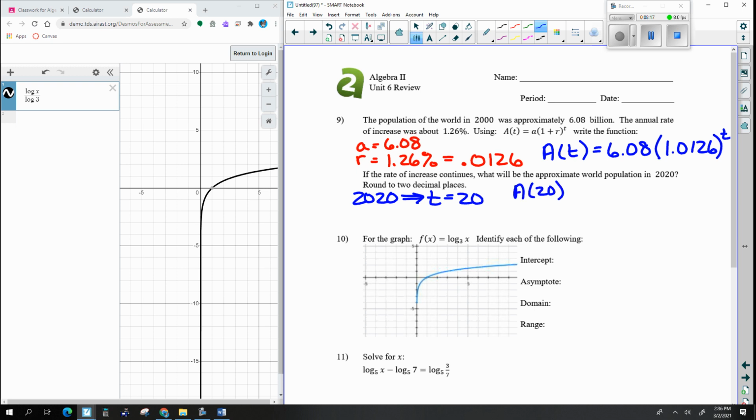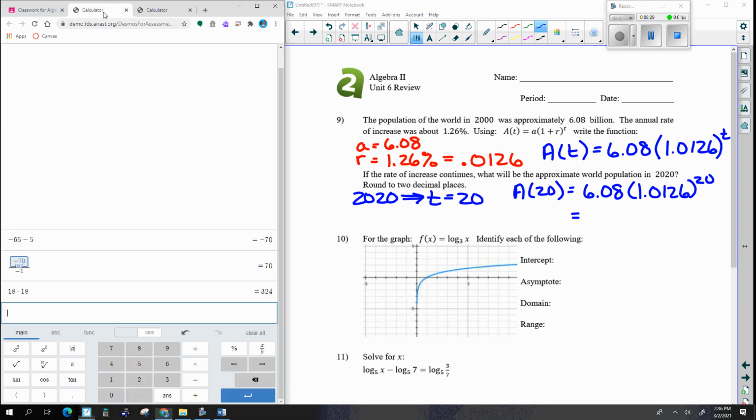So the amount when T is equal to 20 is whatever the calculator says it is. 7.81.